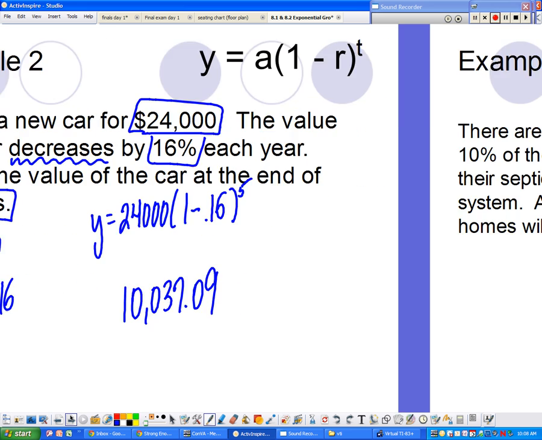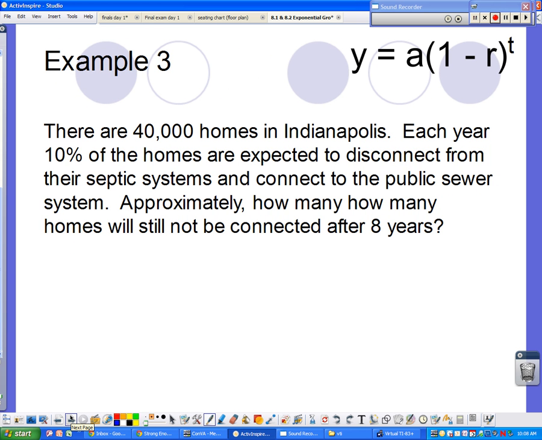Go ahead and pause the video and see if you can solve this one. The problem is: there are 40,000 homes in Indianapolis. Each year, 10% of the homes are expected to disconnect from their septic systems and connect to the public sewer system. Approximately how many homes will still not be connected after 8 years?